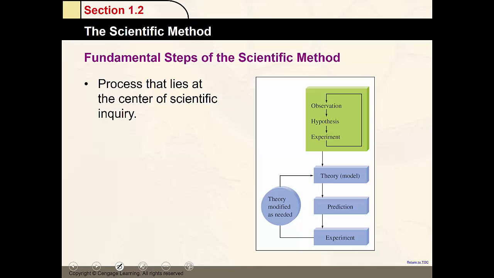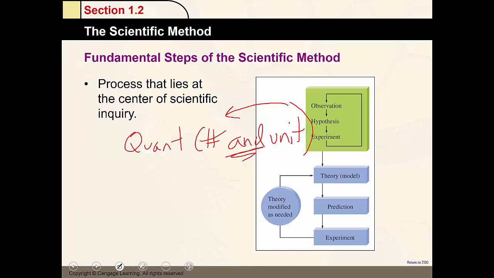So first, you perform the experiment in order to test a certain hypothesis, and you do that by making observations. And from the lab we already did, if you remember, there are two different types of observations. There's quantitative, those that involve a number and a unit, and then there are qualitative observations, those that involve the five senses.